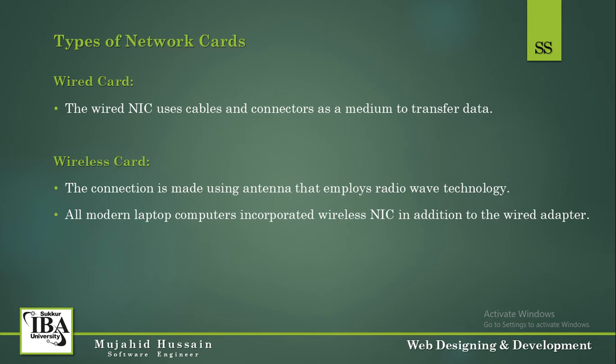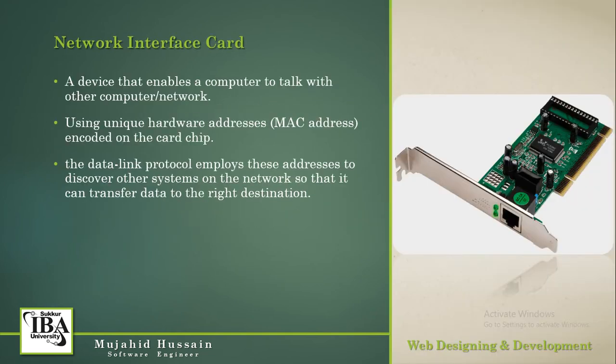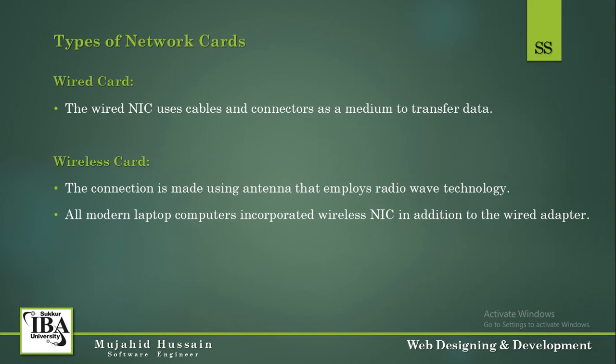If you have a wired connection, you need a cable and a connector. The cable will transfer the data, and the connector will connect to a card, like the network card we have seen on the last slide. This is a slot where we will insert the connector and the cable. You know, these types of cables could be in networks.